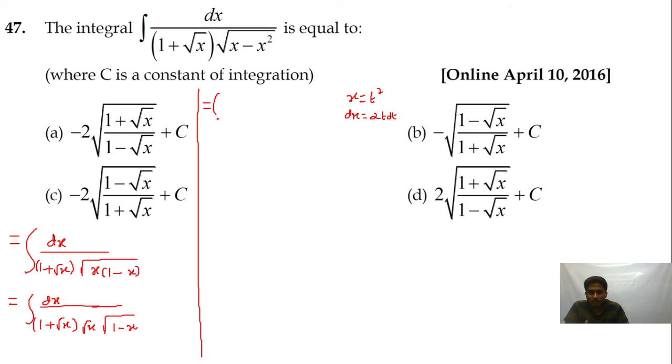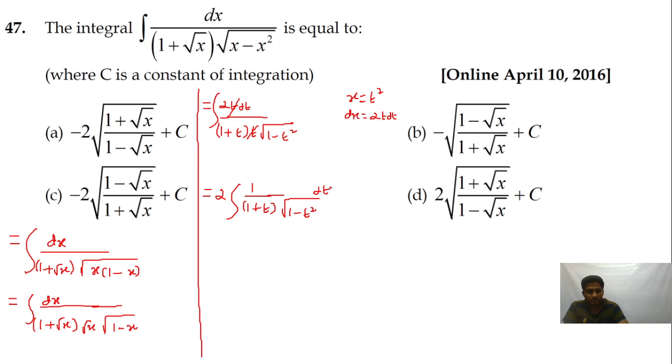So integration of dx will be equal to 2t into dt divided by 1 plus t, root of t square is t, and then this will be equal to root of 1 minus t square, because x is equal to t square. Anyways, this t and t cancel. You get integration of 2 is a constant, I'll take out, 1 divided by 1 plus t into root of 1 minus t square dt.